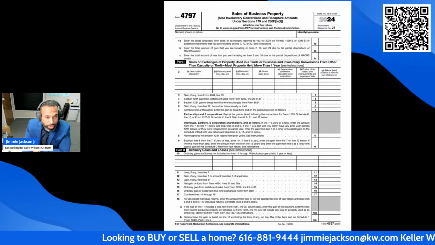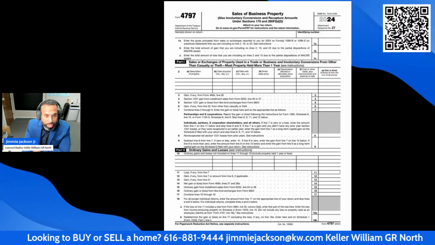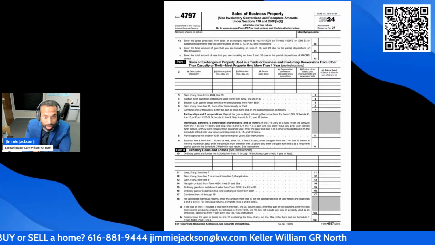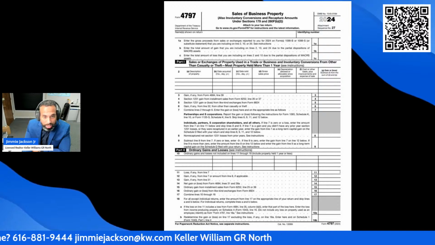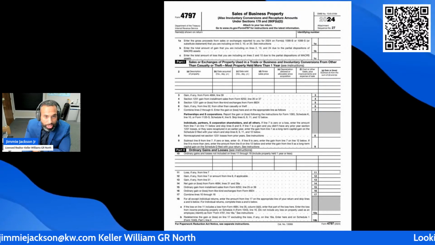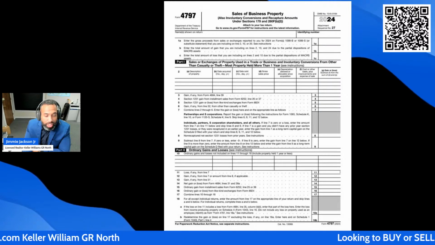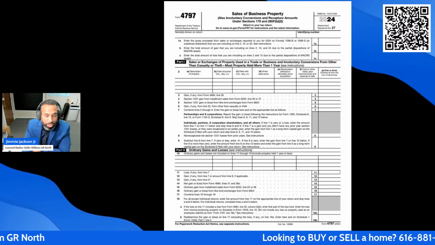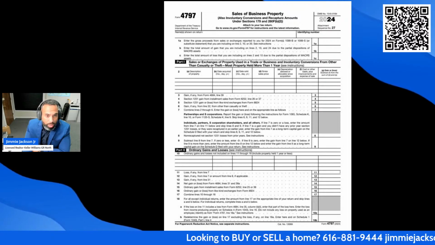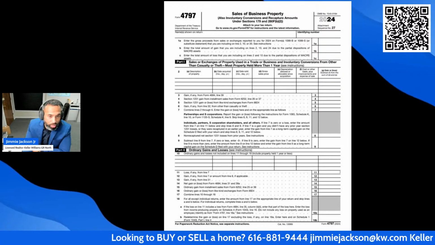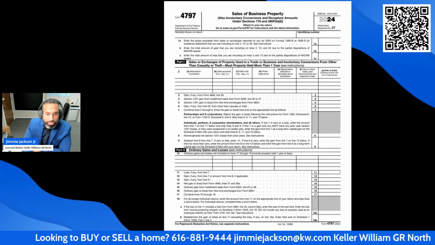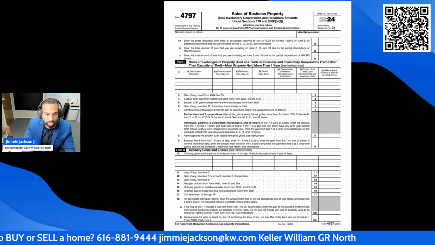Your accumulated depreciation, like we talked about before, and your sale price, what you sold the property for, minus the selling cost. Your depreciation recapture is the portion of the gain equal to depreciation taken, taxed up to 25%, and reported on this form.